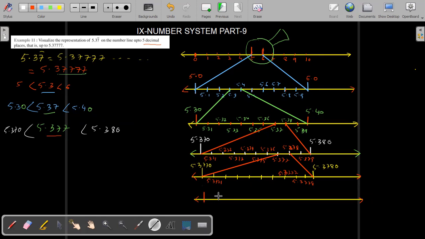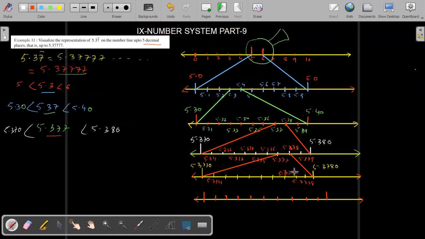This is the first part. 1, 2, 3, 4, 5, 6, 7, 8, 9, and 10. I'm taking rough distance. You should take exact distance, otherwise your diagram will be wrong.